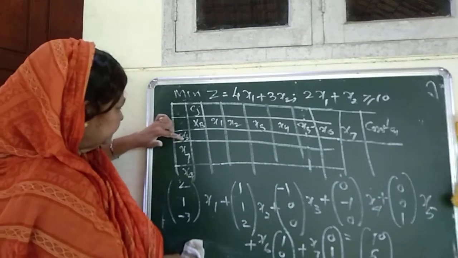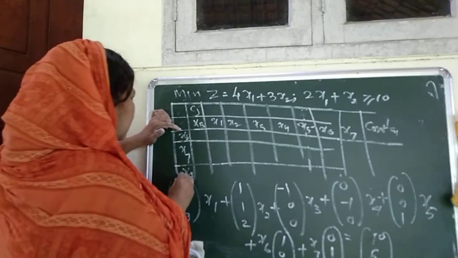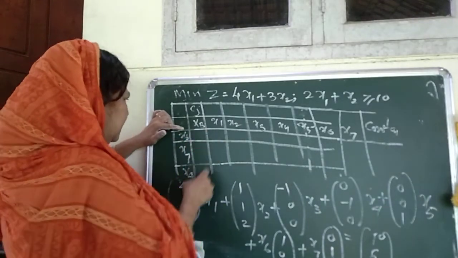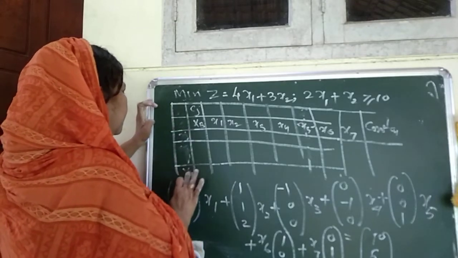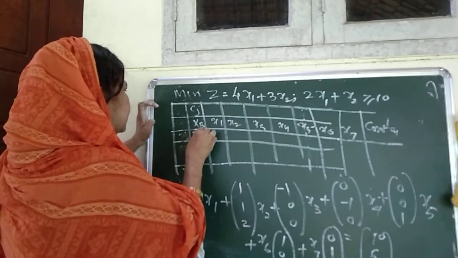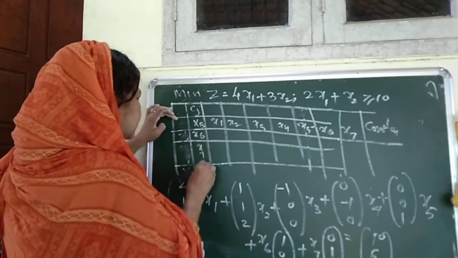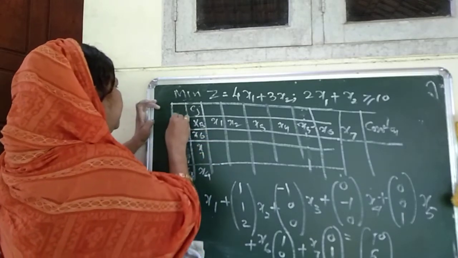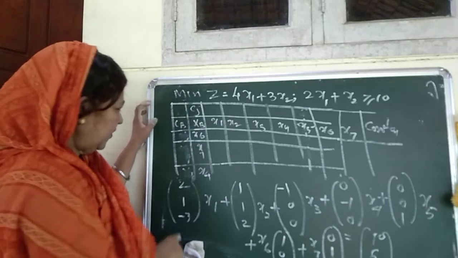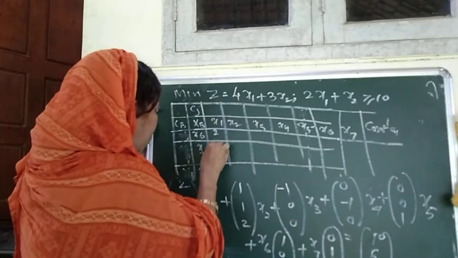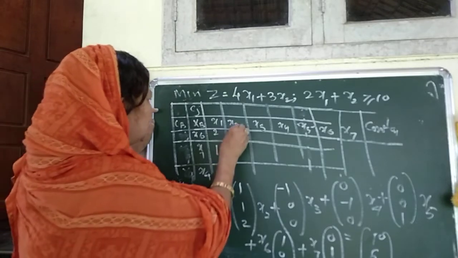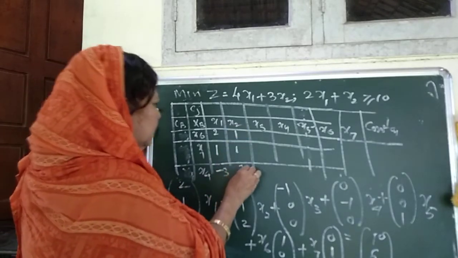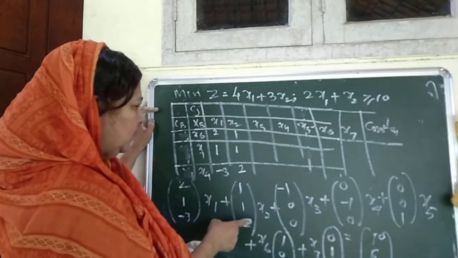So here for xb we have x6, x7, x4. For x1 it is 2, 1, minus 3. For x2 it is 1, 1, 2.